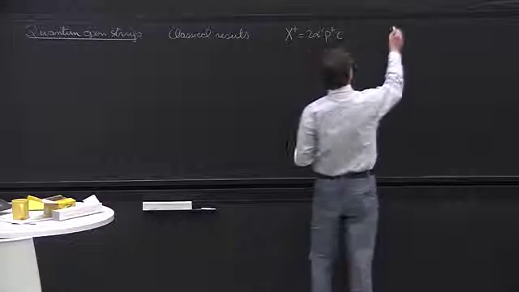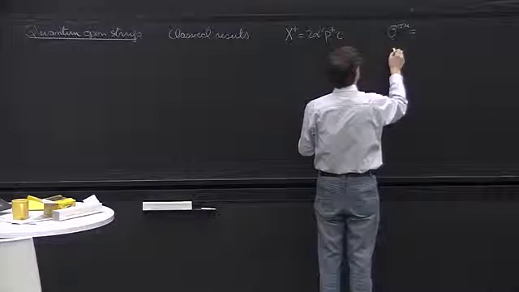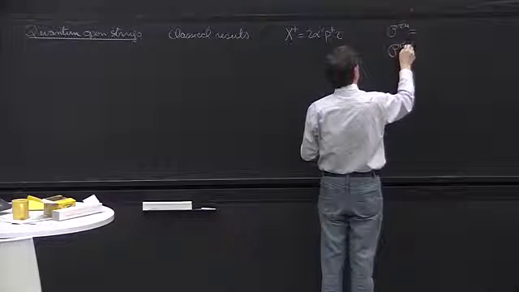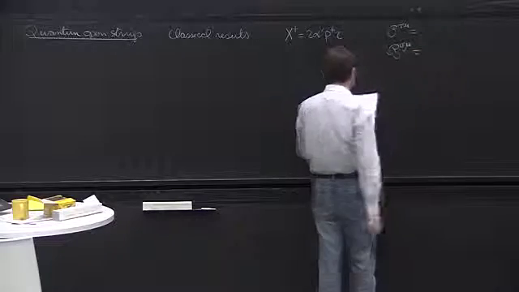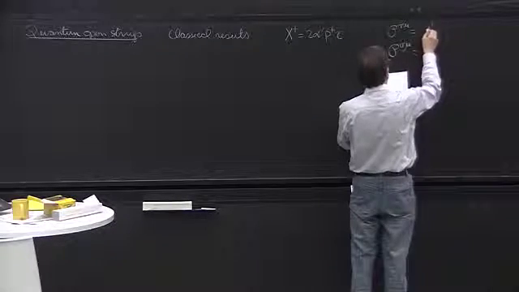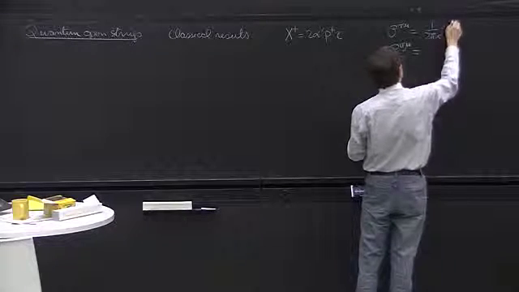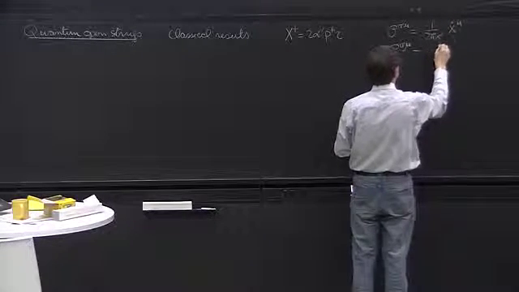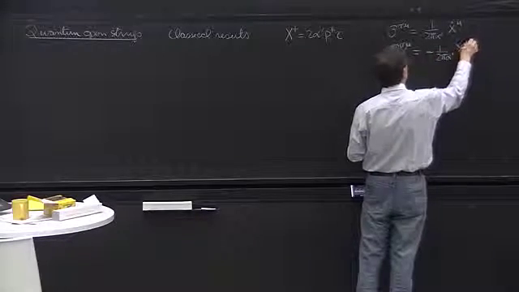And our momentum densities, the other component of the momentum density associated to boundary conditions, are given by 1 over 2 pi alpha prime x mu dot and minus 1 over 2 pi alpha prime x mu prime.